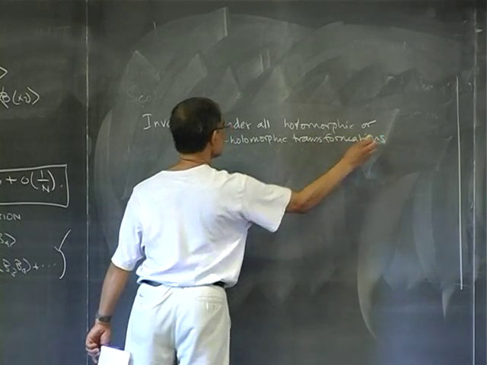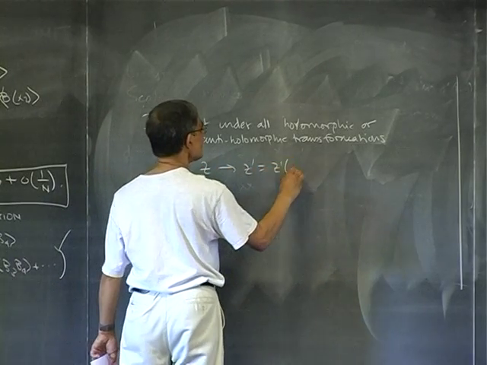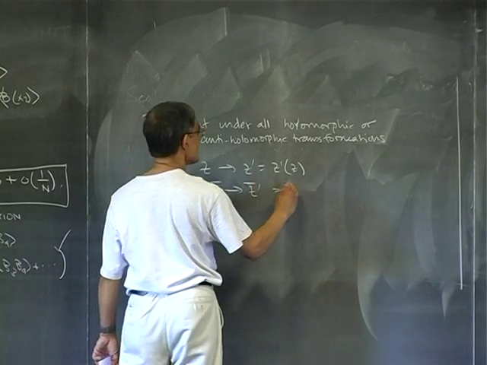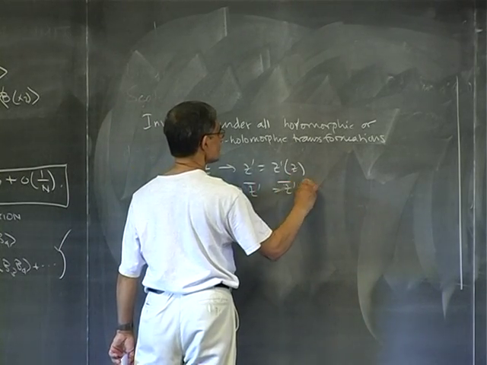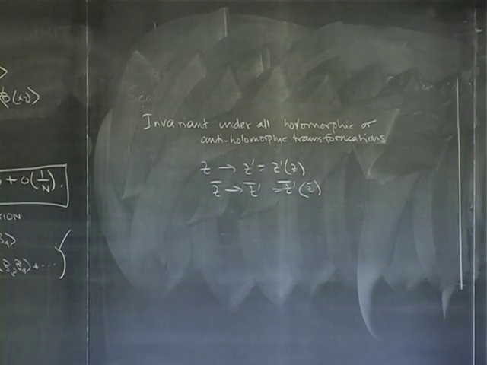These are transformations where z goes to z prime, which is only a function of z, and z bar going to z bar prime, which is again some other function of z bar. So, the new z is not a function of z and z bar, but only a function of z.